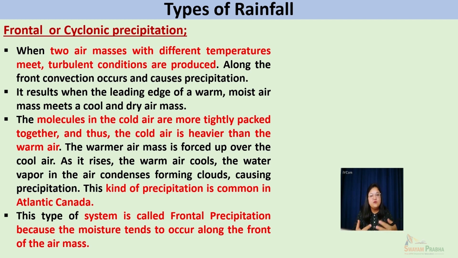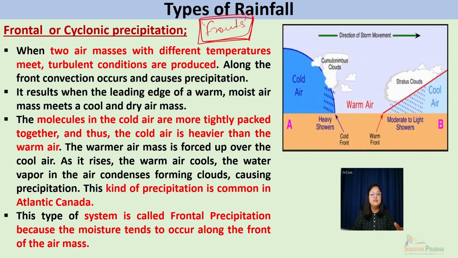So in the zones of their convergence, a shallow boundary is formed between them, which are called fronts. And these frontal areas, which represent the transition boundary between the two different air masses, are areas of turbulence. Along the fronts, convection occurs and causes precipitation.